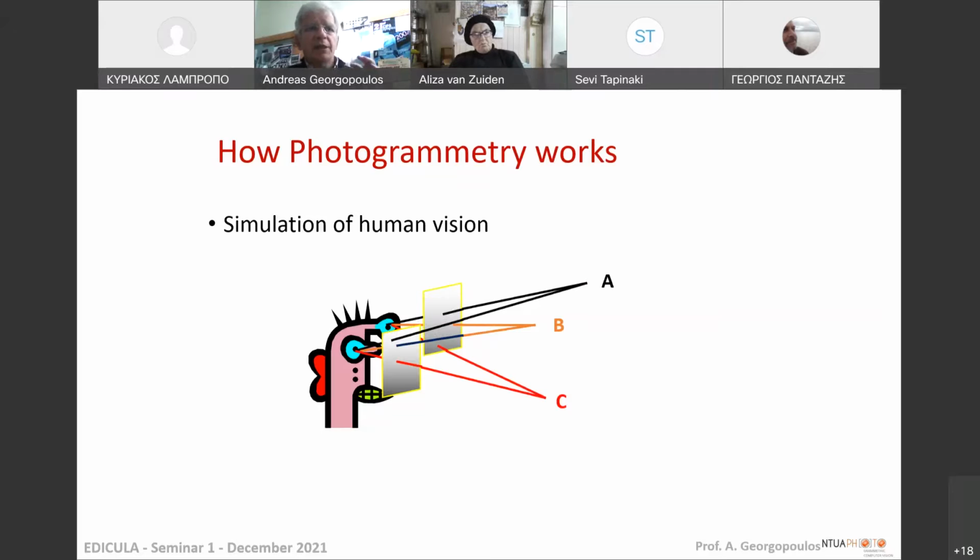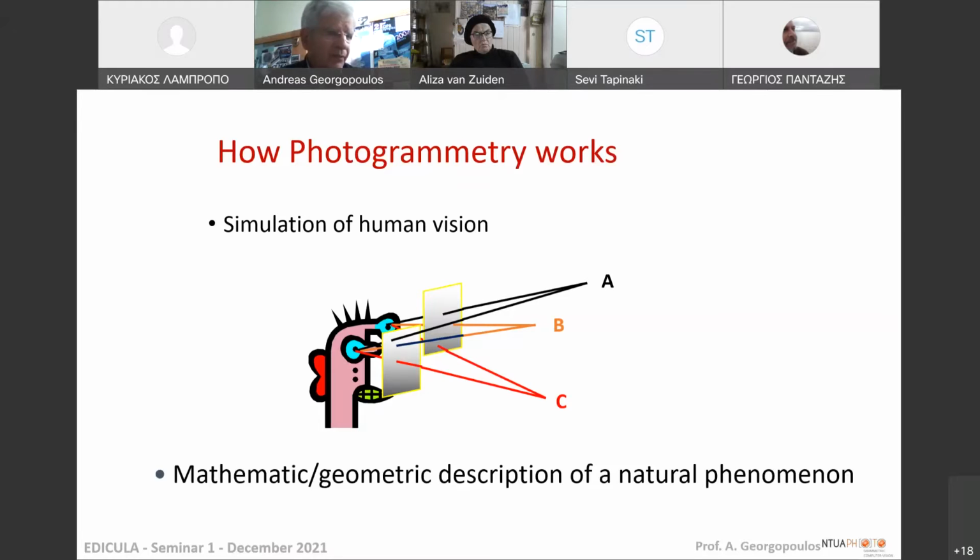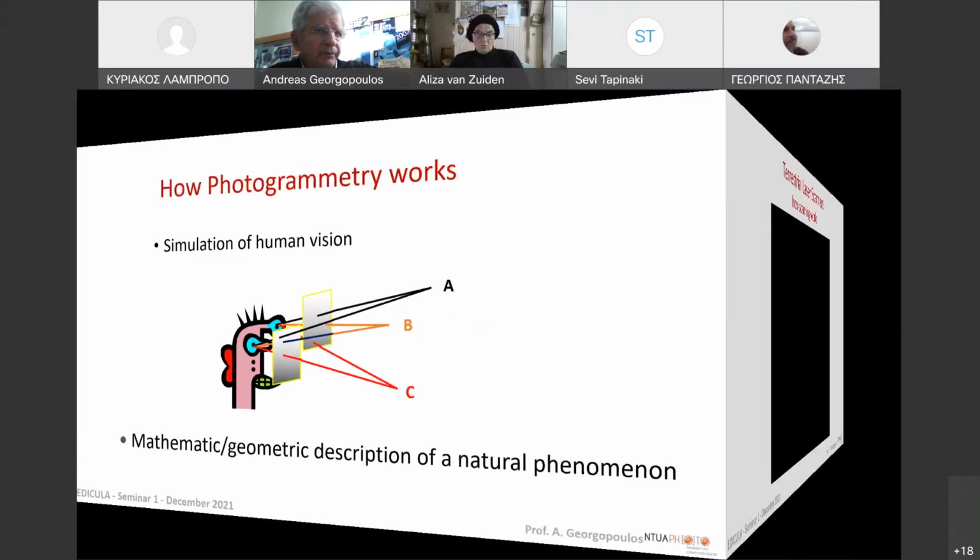Photogrammetry exploits that and is able, through either manual or automatic procedures, to determine depth and ultimately determine the position of all the points that we need, A, B, C, etc. So it's actually a mathematic or geometric description of a natural phenomenon.